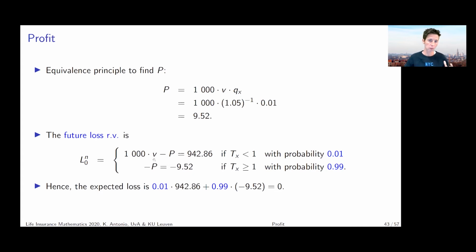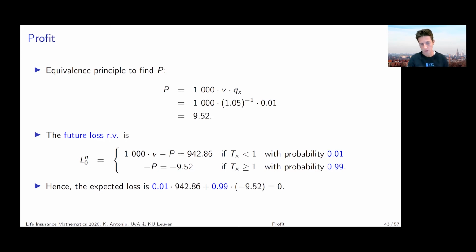On the other hand, if my policyholder survives until age x plus 1, then I receive the premium, but as an insurance company, I did not have to pay the death benefit. So in that case, my loss is negative. It's in fact a profit, equal to 9.52, which is the present value of the premium that I receive at time 0. So with 99% probability, I'm making a profit on this contract.